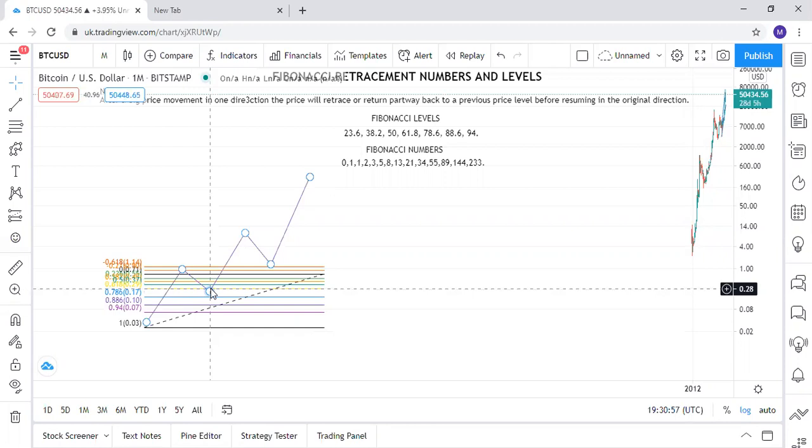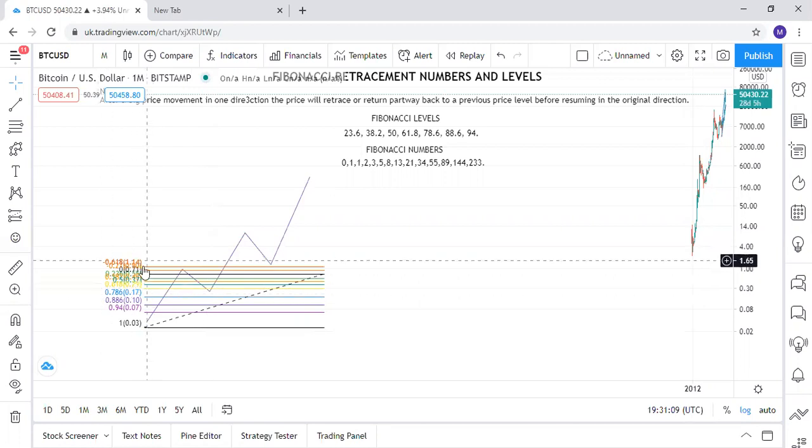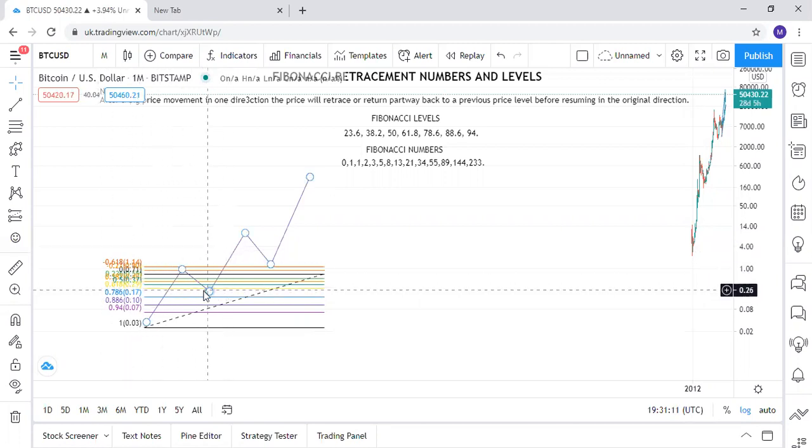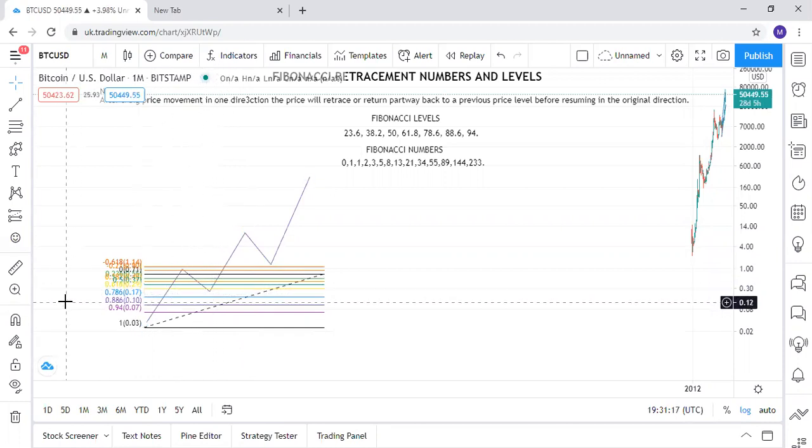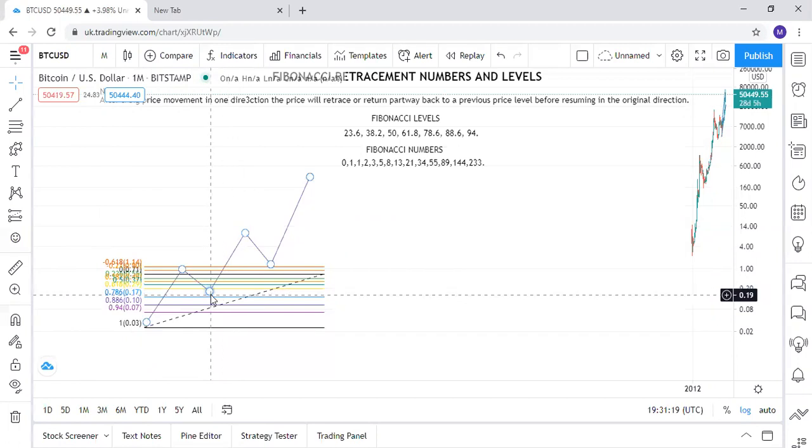Like I always say, we are confluence traders, so we have more than one reason to enter. Another reason to know that a fib level is strong is that the particular fib level would have been a resistance before, a minor or major resistance, or a minor support.